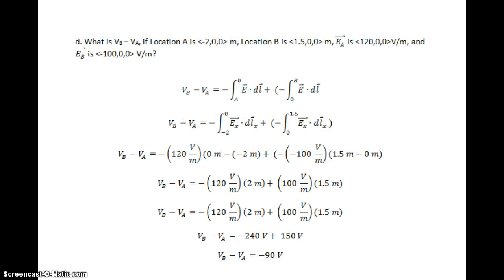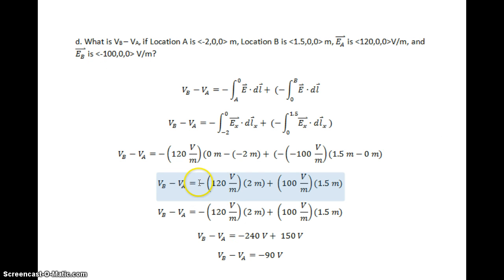Now we're asked to find VB minus VA given certain values. So we're only looking at our x component since our y and z component are 0 for both our locations and in both of our electric fields. So once we plug everything in, we have the electric field in the region where A is 120 volts per meter, and the electric field in the region where B is negative 100 volts per meter.